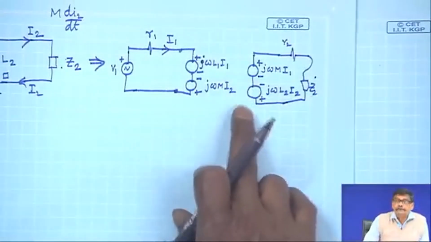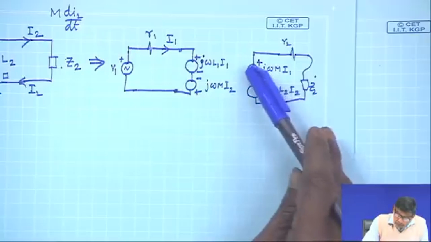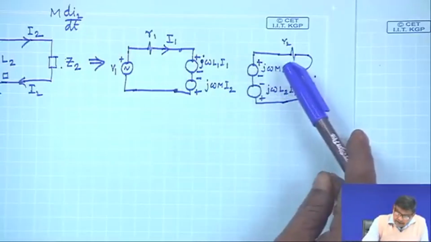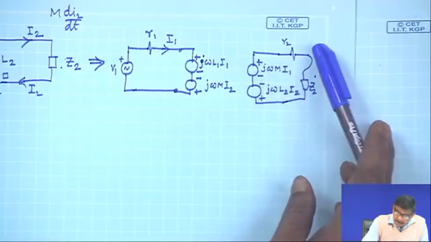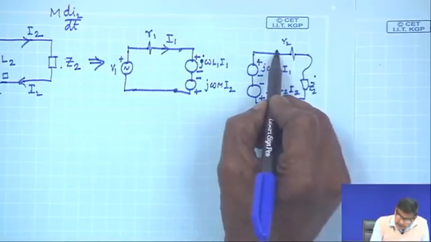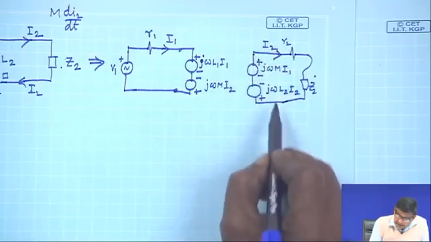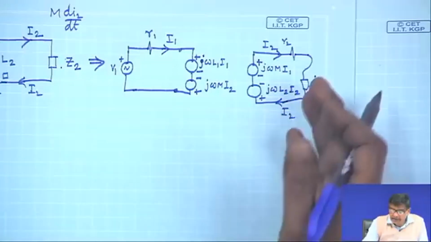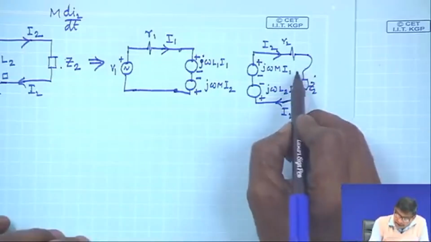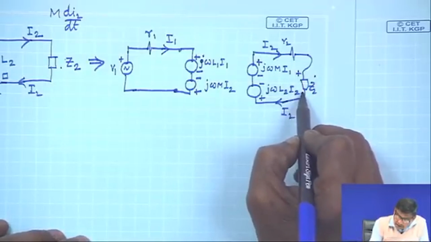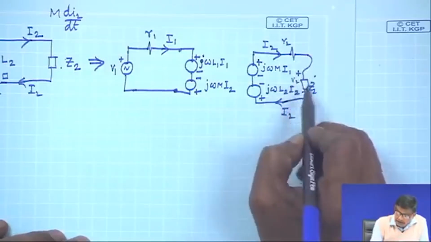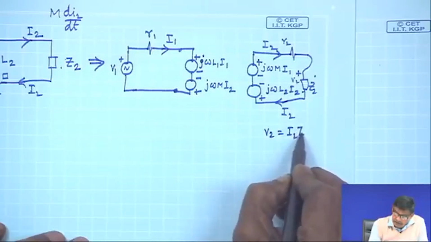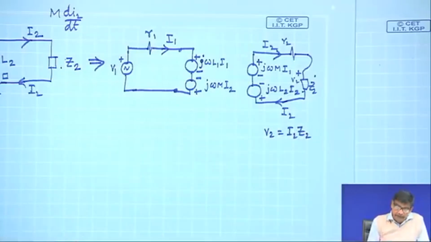This is the thing, that is, two voltages are there because of self inductance and because of mutual inductance, R 2 and Z 2, and this is how I have set the current direction I 2. On this side there is no voltage source connected. But anyway, this voltage let me call the terminal voltage V 2, where V 2 is obviously equal to I 2 into Z 2.